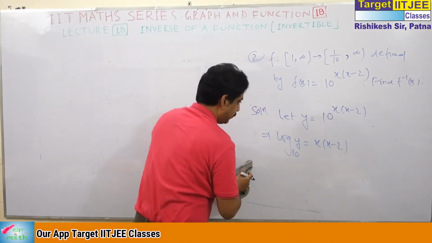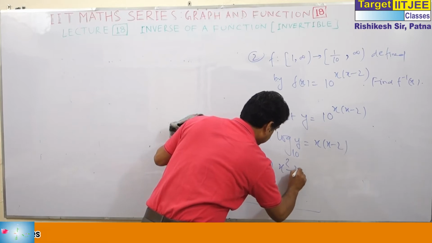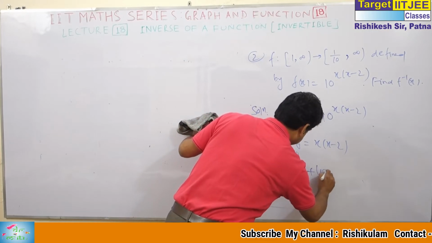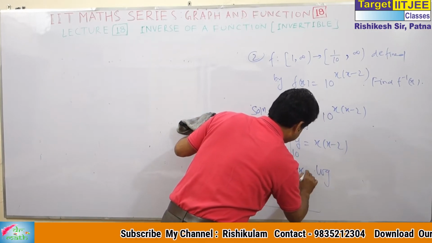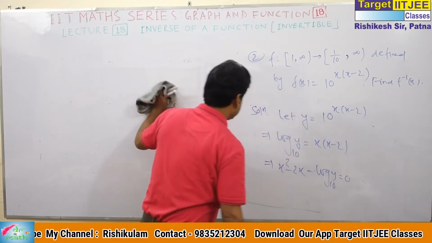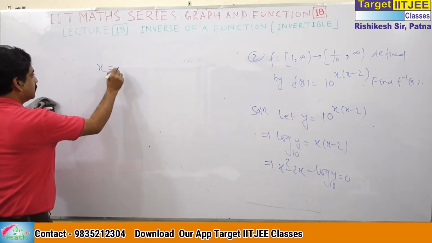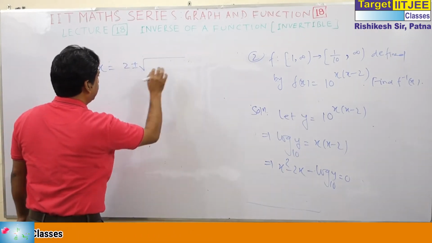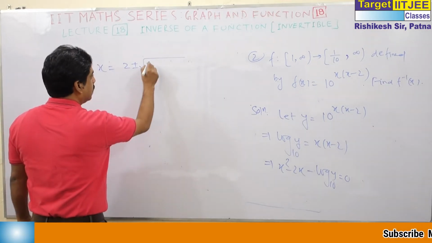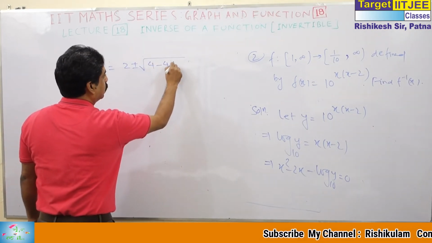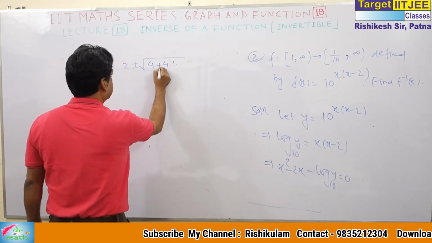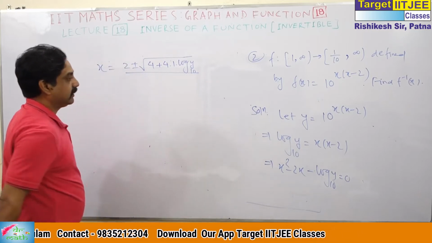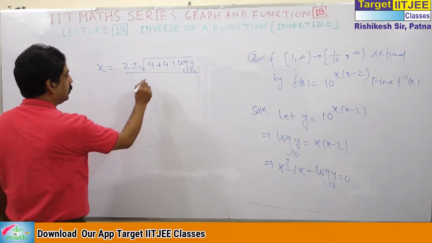So we will make a quadratic equation: x square minus 2x minus log y base 10 equals 0. So what is x? x is actually minus b plus minus root of b square minus 4 into 1 into this, minus will do this plus, log y base 10, divided by 2.